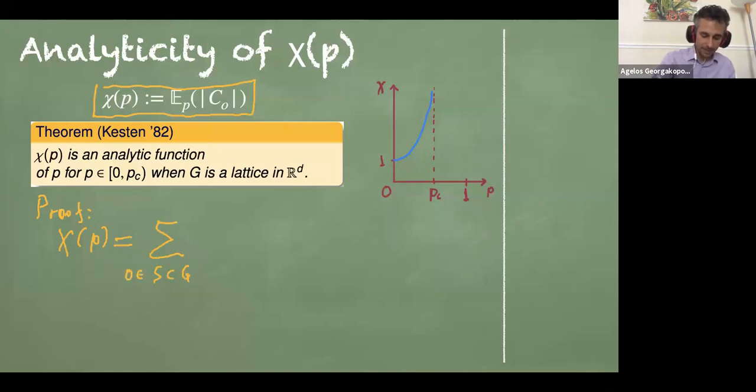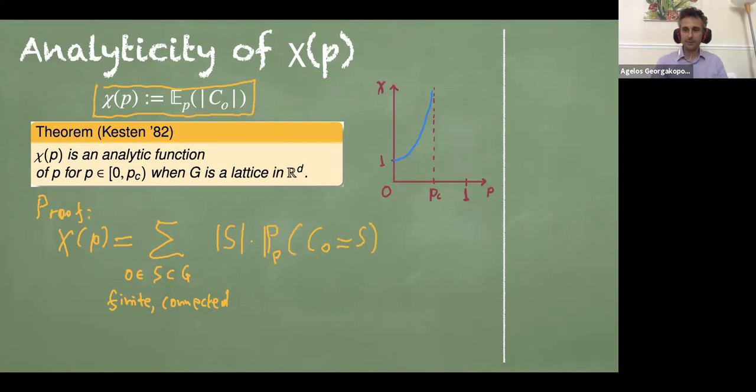It's a subgraph containing my origin, which will be denoted by O, and it's a finite and connected subgraph of G. Then if I want to capture its expected size, I multiply the size of S times the probability that the cluster of the origin actually coincides with this S. So this is by definition an equality. This is the expected size of the cluster of the origin.